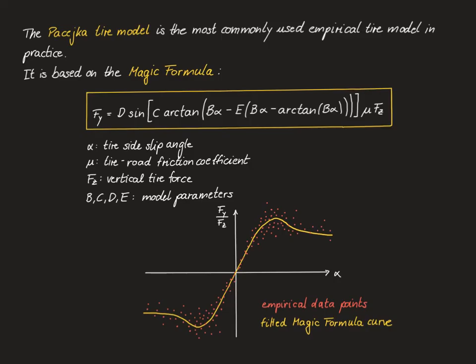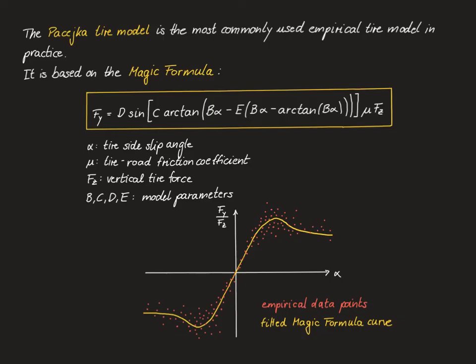It just has proven to be a very good approximation in many practical situations. In order to use the Pacejka tire model, of course, we have to fit the parameters of the magic formula for a particular tire. And to this end, we collect a bunch of empirical data points, which you see in red here, for the slip angle alpha and the ratio between the lateral tire force and the vertical tire force.